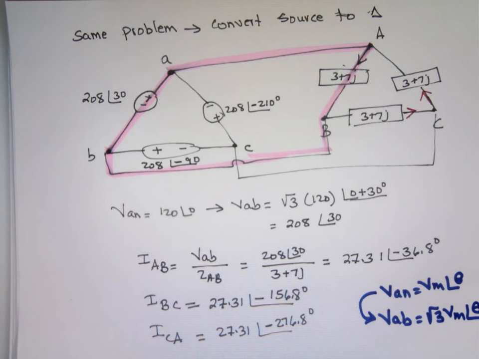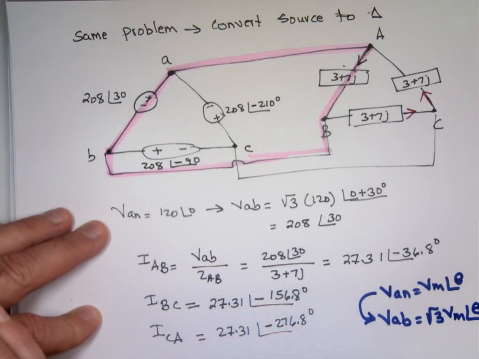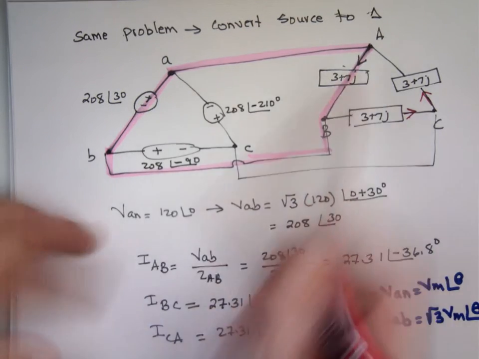Now, can I find the current from A to A? If I do KCL at capital A, I define I sub AA as the current going in that direction.